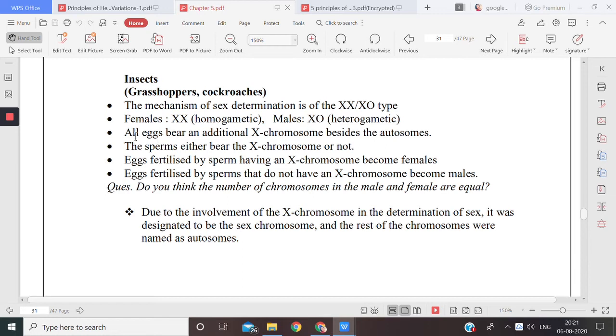All eggs, because females produce eggs, will bear an additional X chromosome besides the autosomes.